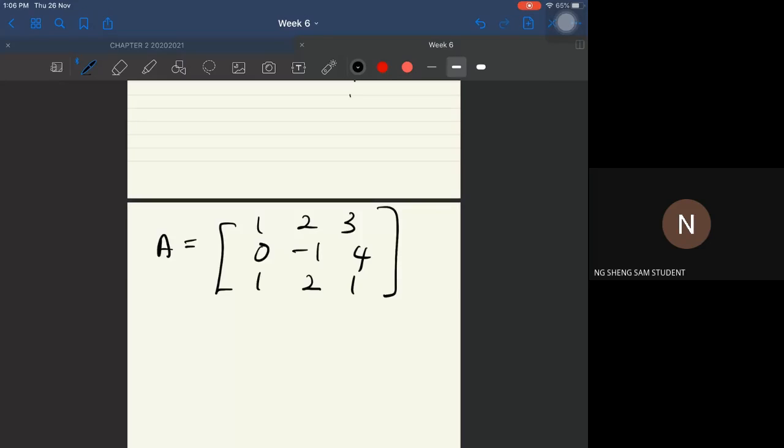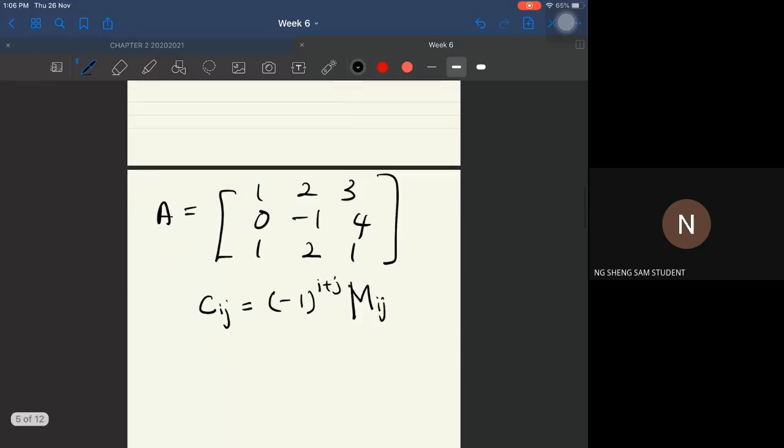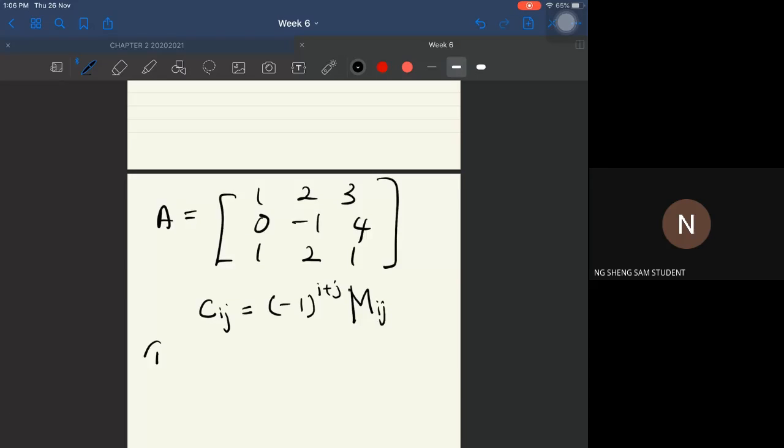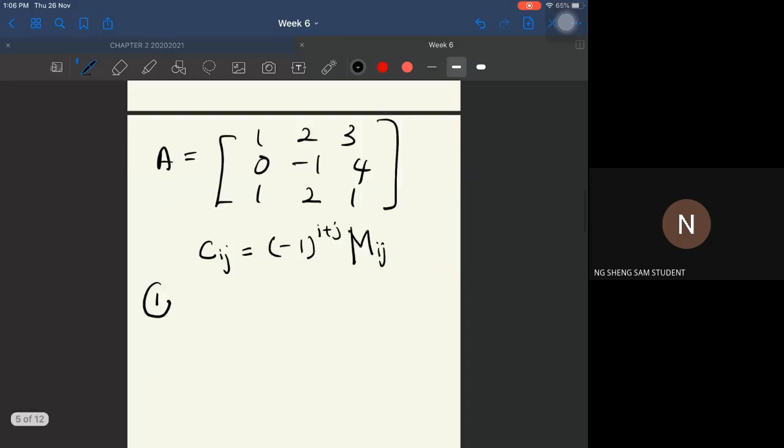Okay, and betul dalam buku teks, kalau kita nak cari cofactor Cij, this one is equals to negative 1 power i plus j darabkan dengan minor Mij. Betul? Kan? Ni formula dalam buku lah. Okay. Saya ajar, ni yang saya ajar.